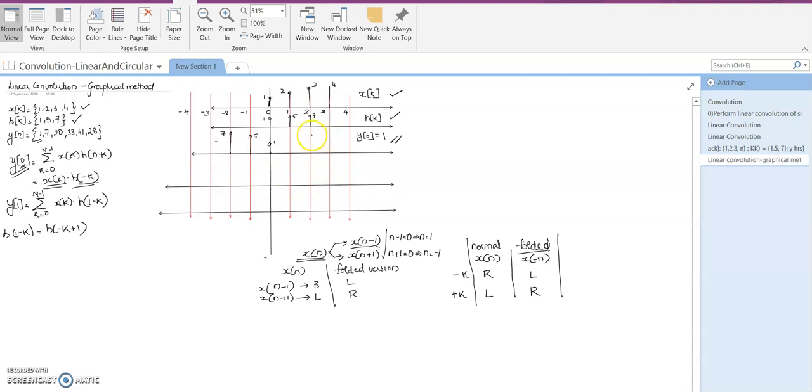So when we look at it, this is h of minus k, and what I'm trying to do here is h of minus k plus 1, and h of minus k plus 1 will be h of minus k shifted one place to the right, indicating this will become 1, this will become 5, and this will become 7.